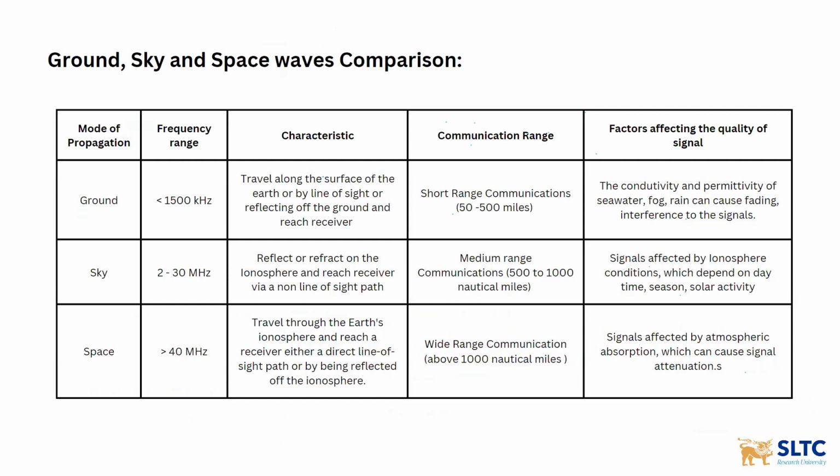Here, I'm talking about the factors that affect the quality of the propagated wave and the range of the communication, right? When we talk about ground communication, I'm specifically talking about line of sight communications, which are important for microwave engineering. Such line of sight communications are targeted at achieving short range communications, and therefore we are talking about short distances.